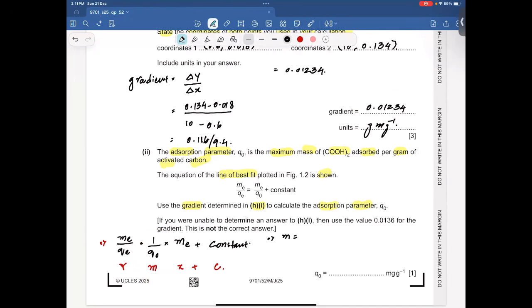Gradient is basically 1 upon Q naught. Examiner is looking for the Q naught value. So 1 upon m. The gradient is 0.01234. So the value of Q naught is basically 81.3. So 81.3 is the right answer for this part.